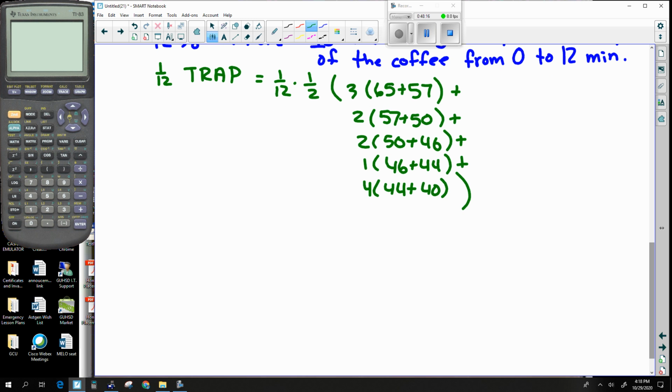So here we go. This is 3 with 65 and 57 plus 2 with a 57 and a 50 plus 2 with a 50 and a 46.